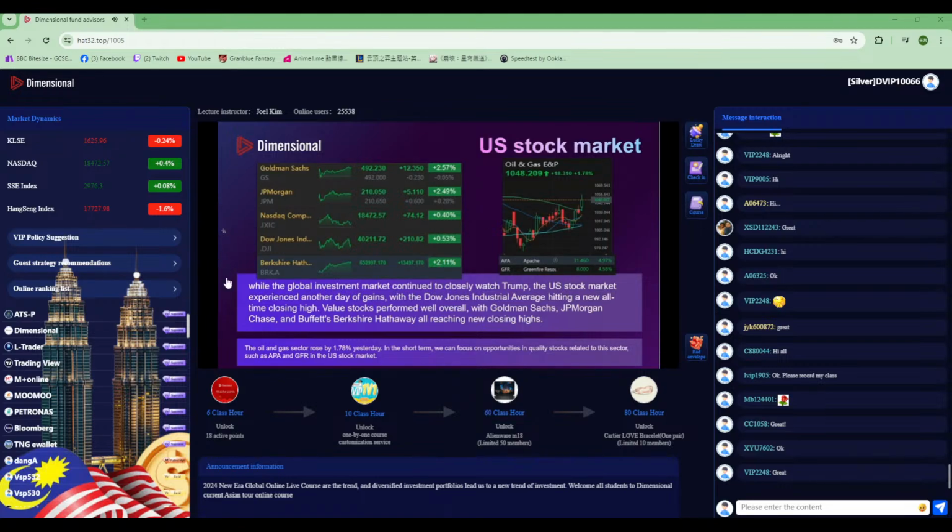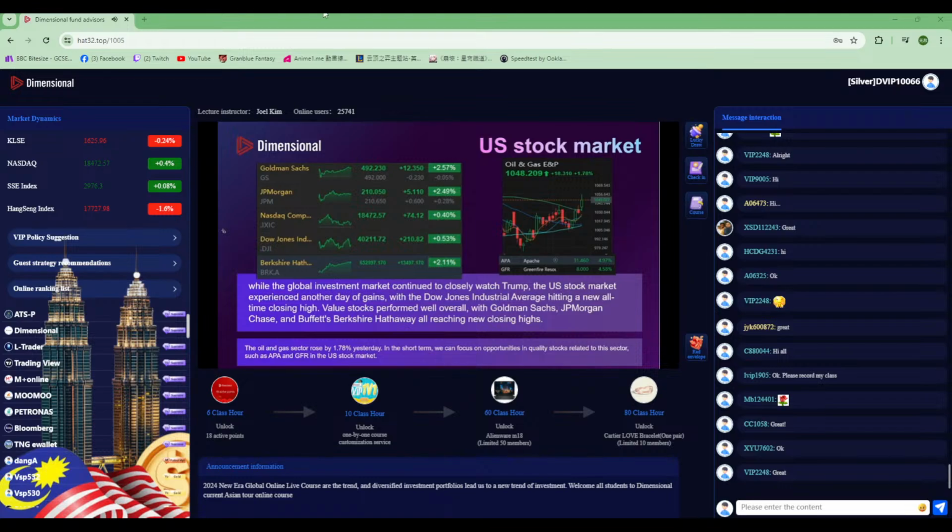Now, MicroStrategy went up by 15.36%. Coinbase went up by 11.39%. And this is why you should avoid buying Trump-related stocks at high prices, as they are mainly speculative.